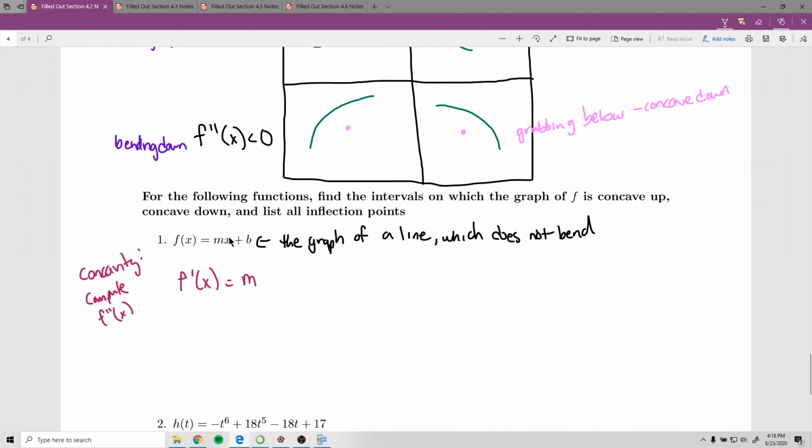So this is just a number times x. The derivative of this part is a number, and this is just a number. The derivative of a number is 0. So the first derivative is m, which is just a number, and the second derivative, the derivative of just a number, we know we get 0.